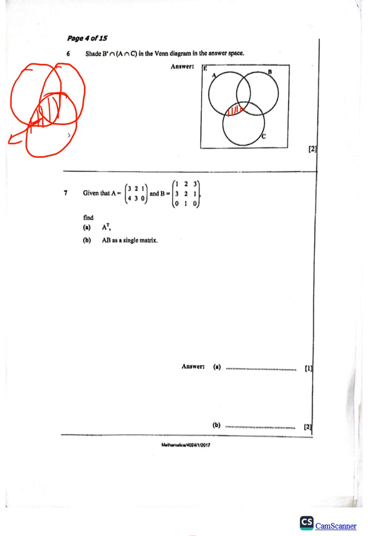Now let's move on to question 7. We have been given matrices. The first one, matrix A, has the elements 3, 2, 1, then 4, 3, 0.